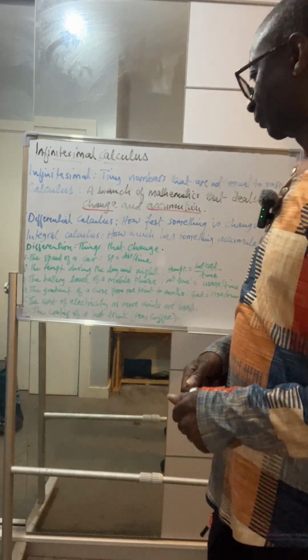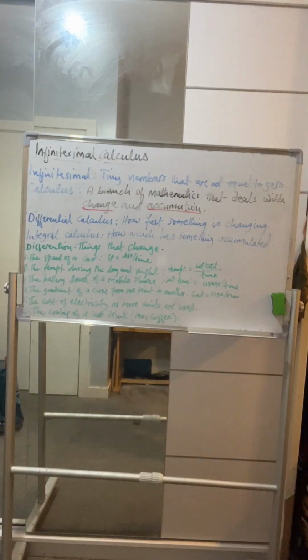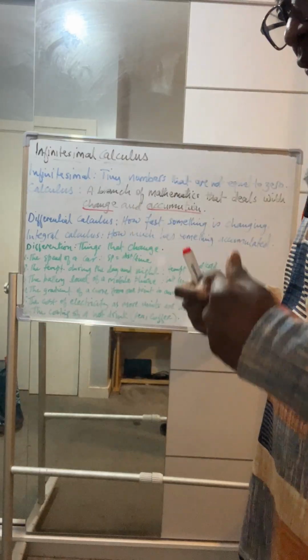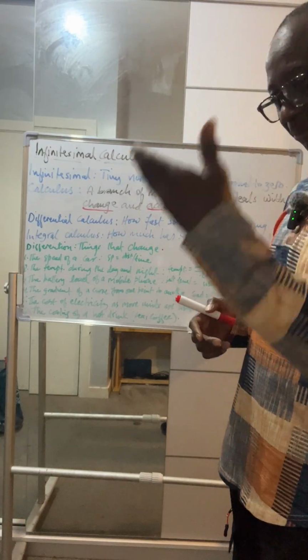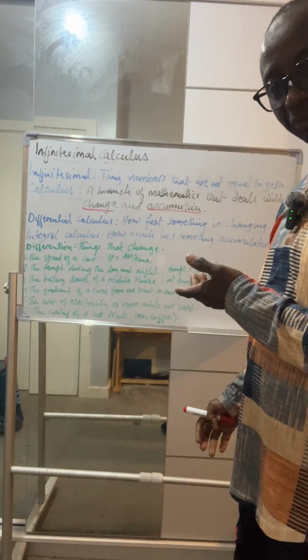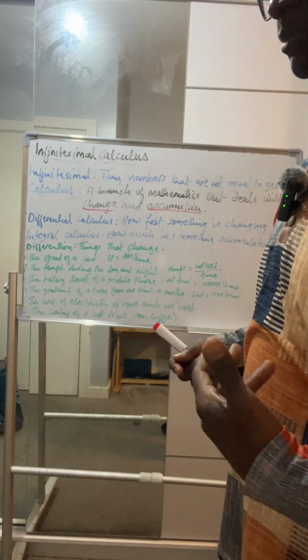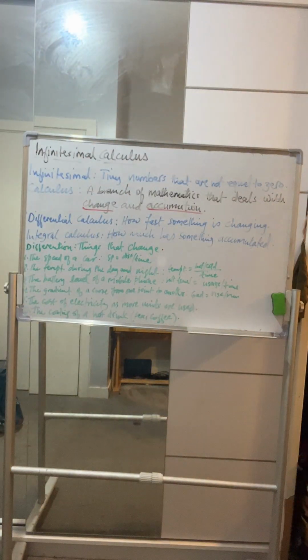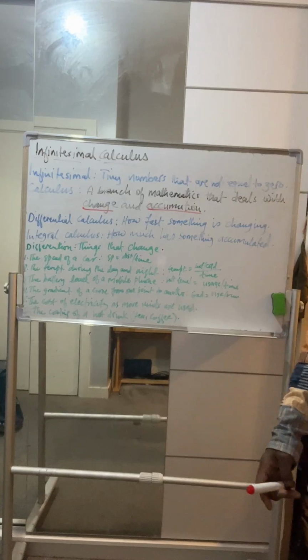And then we have the cooling of a hot drink like tea or coffee. You pour it in a cup, you leave it there to stand for some time. The temperature keeps going down as time goes on. So again, it changes with time. So when you say differential calculus, we are talking about things that change with respect to something else.